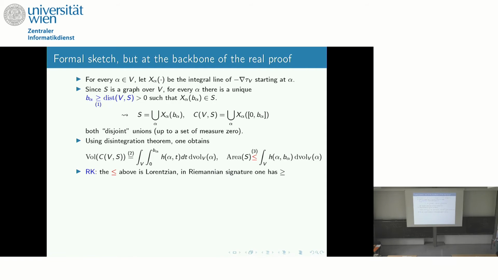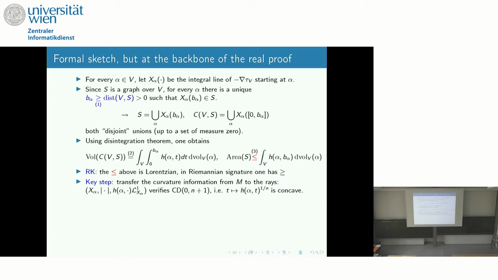Just a small remark for the people who know this integration technique. In the Riemannian signature, or in the metric setting, one has bigger or equal here. And that's because of the triangular inequality, while in the Lorentzian signature, we have less or equal because of the reverse triangular inequality.